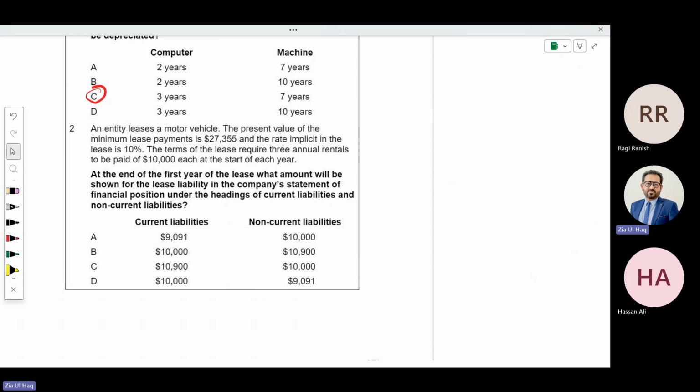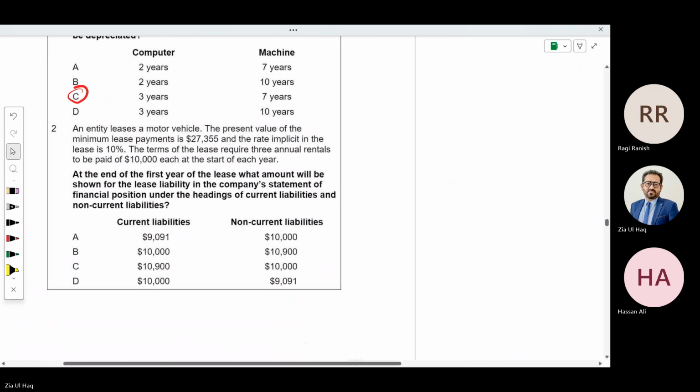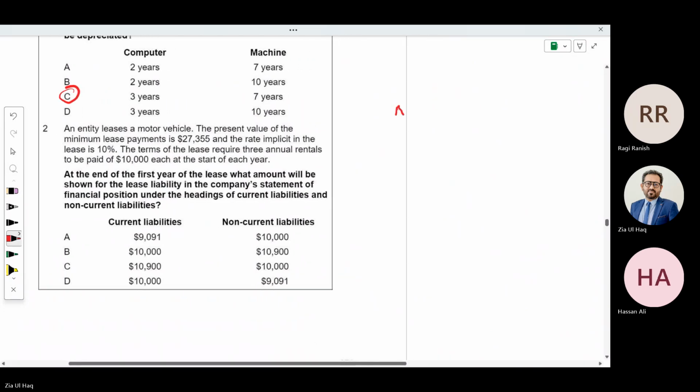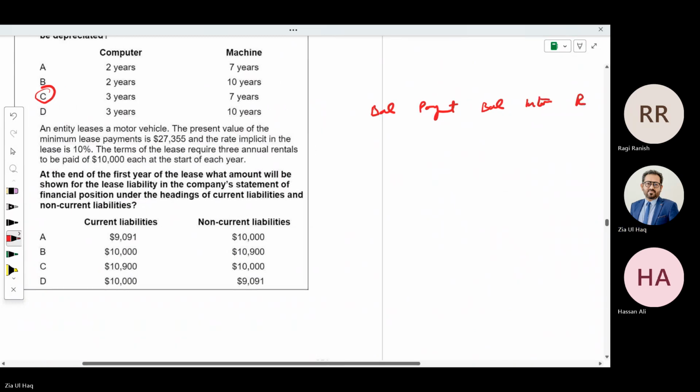Payments are made at the start of the year. There is no information whether you entered the lease during the year or after the year. This means the complete interest you need to charge. Balance, payment, balance, interest, remaining at year end.